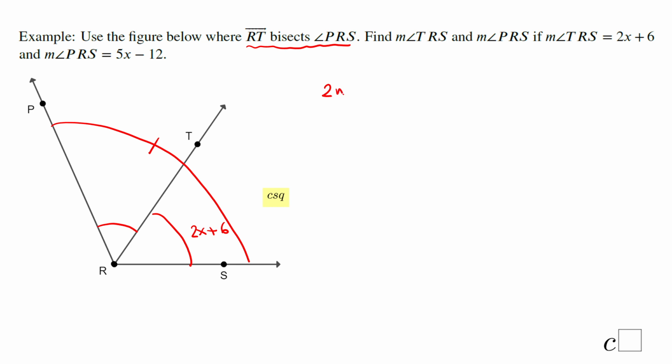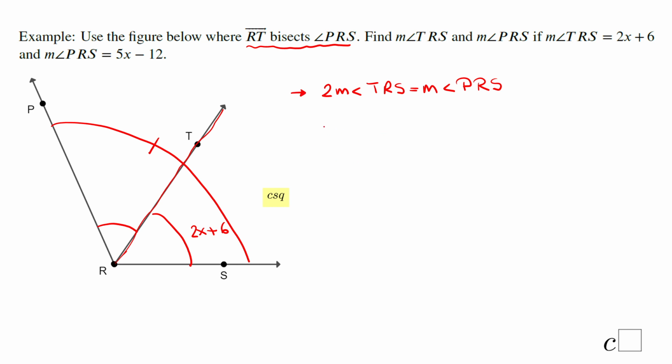So what you want to do here is to write this statement: twice the measure of angle TRS is equal to the measure of angle PRS. And one more time, this ray bisects angle PRS, so that means each of these angles is half of the big angle, or like I said, I prefer this statement, it makes the job easier.